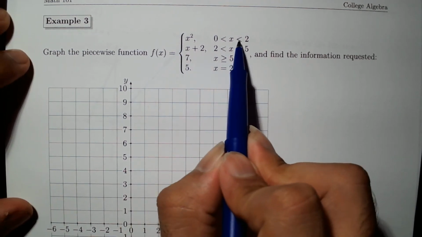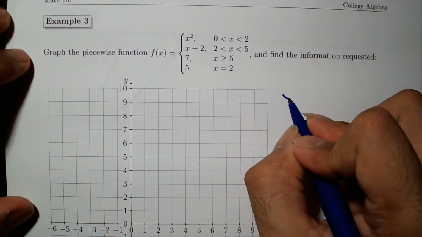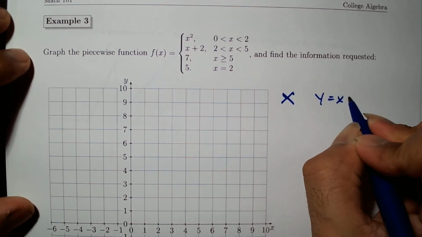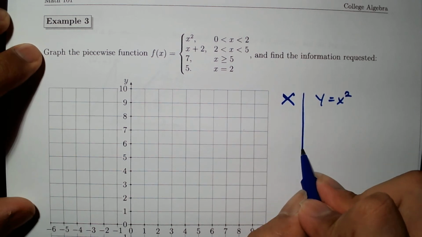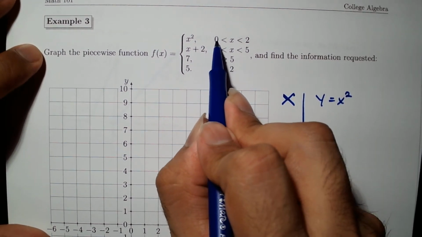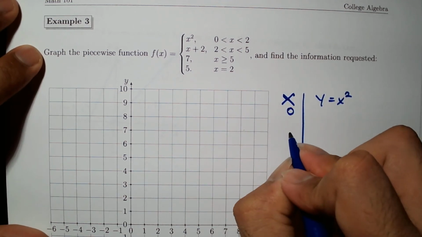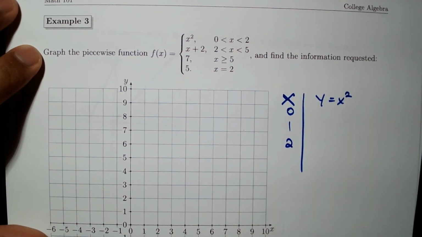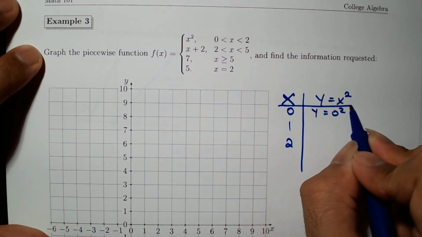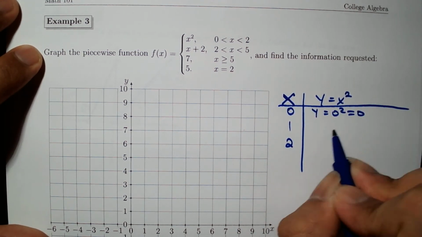I'm going to go with the first part using blue. X and y equals x squared. Can I choose any value for x? Well, look at the restriction. I can only choose from 0, 1, and 2. That's it. So y equals 0 squared, which is 0.